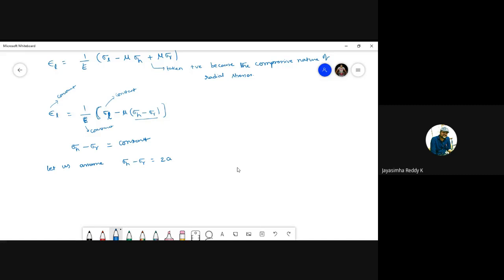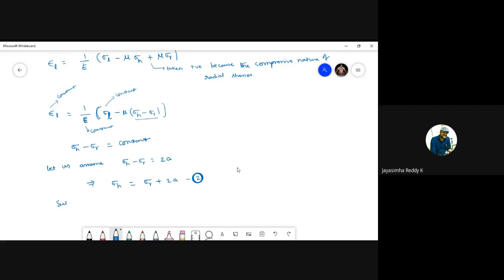So sigma H minus sigma R is equal to 2a, and this implies sigma H will be sigma R plus 2a. So this is equation number 2.